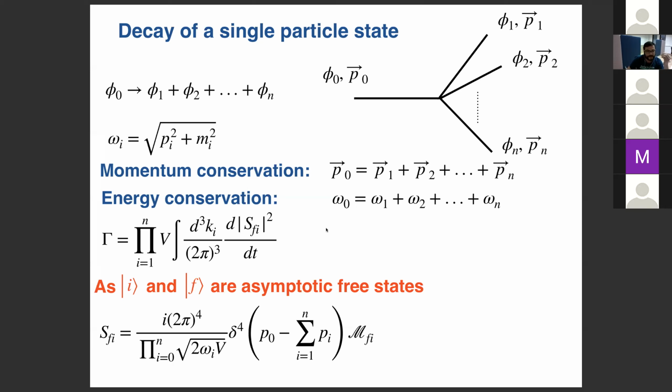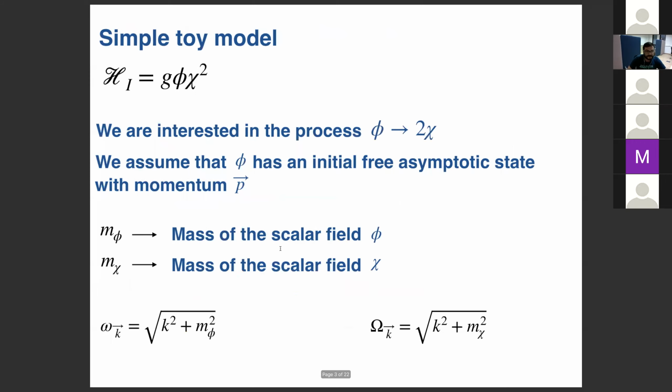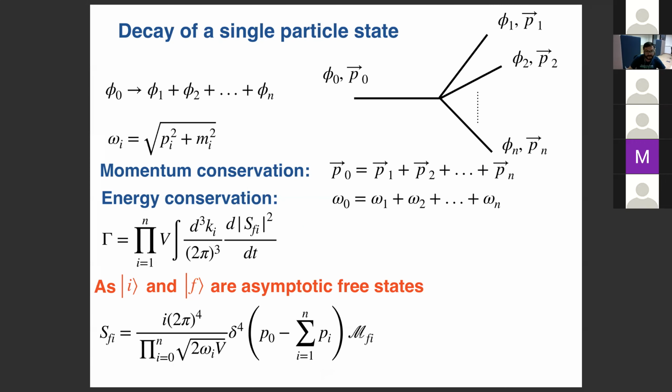Then one can compute the decay rate with the usual formula, where this S_FI is the scattering matrix, which is given by this formula below. And one can find that energy momentum conservation is required for the decay. Right, this M is the Feynman amplitude.